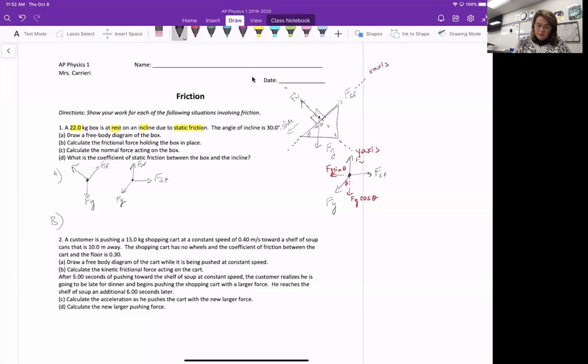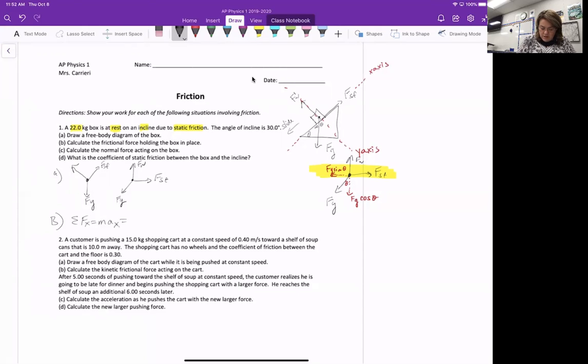Well, let's look over here. These are the two forces that are in the X direction. And if the box is sitting at rest, then the acceleration is 0 because the velocity is constant and 0. So I'm going to sum the forces in the X direction, which will equal the mass times the acceleration in the X direction.